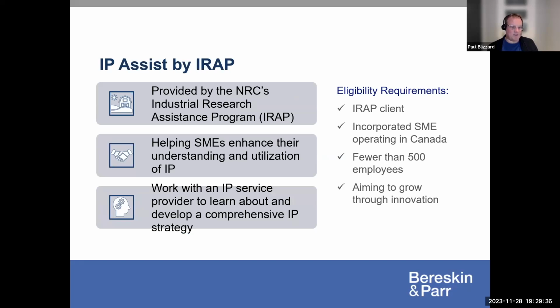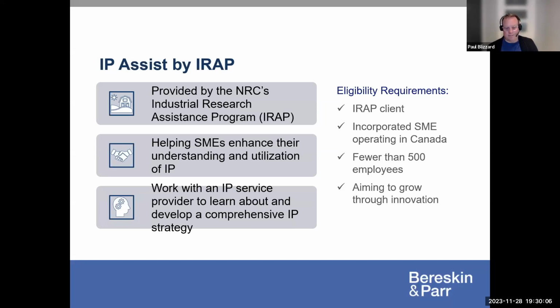So IP Assist is provided by NRC. That's one of the Canadian government programs. To be eligible, you need to get into the IRAP program. They have some individual requirements, including you need to be incorporated in Canada, you need to have fewer than 500 employees, and I believe you actually have to have at least one full-time employee, and that you're aiming to grow through innovation.